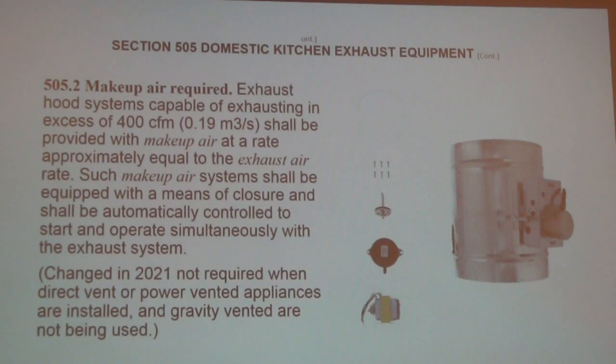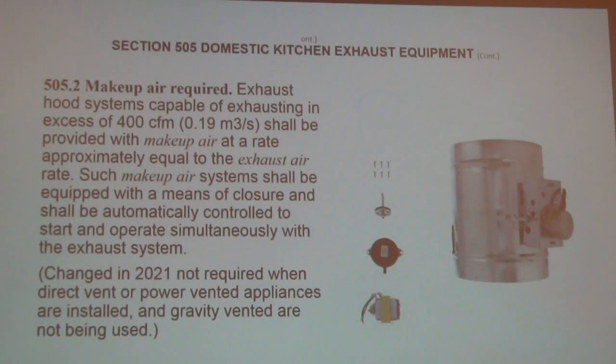It's going to be taken away. At the same time, you're dropping to 3 air changes an hour. But that's an exception. The only thing is if somebody goes back and puts in a natural draft appliance, I don't know. But the 400 CFM and the means of closure shall be automatically controlled to start and operate simultaneously with the exhaust system.